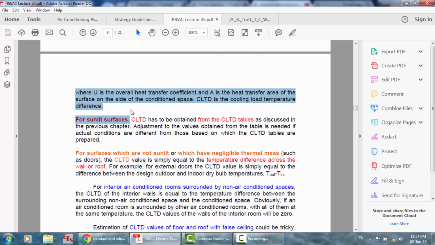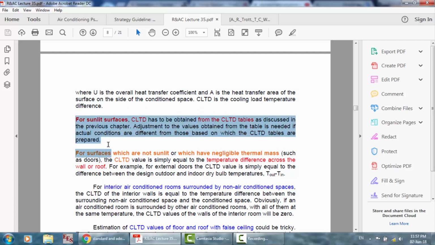We do not use the CLTD for the heating loads, only for the cooling. For sunlit surfaces, CLTD has to be obtained from the CLTD tables as discussed in the previous chapter. Of course, I will not have the previous chapter here, but you can get it from the references or the books.